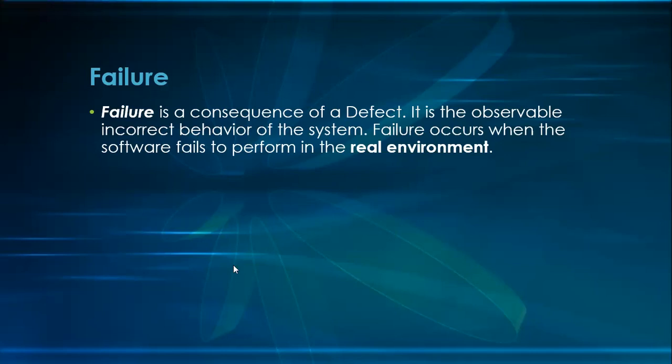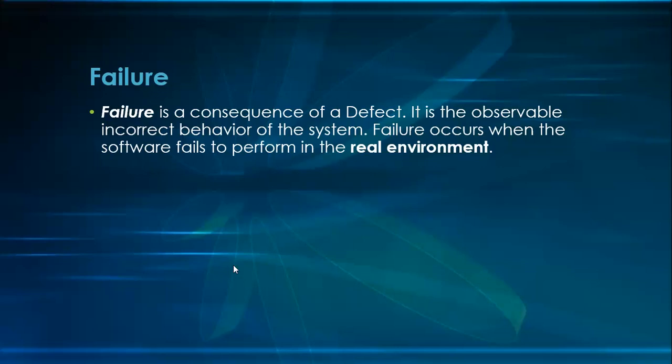It is the observable incorrect behavior of the system. Failure occurs when the software fails to perform in the real environment. So, we have given you the environment to test on. You've tried to log in. Unfortunately, you're unable to.